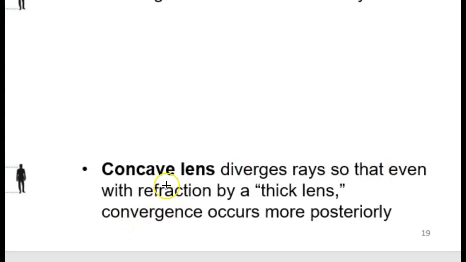The way we correct this is with a concave lens. The light rays come into the concave lens and are spread apart a little bit first, and then bending happens. Convergence will happen a little farther back, and so you'll get a nice sharply focused image on the back of the eye, in the retina.